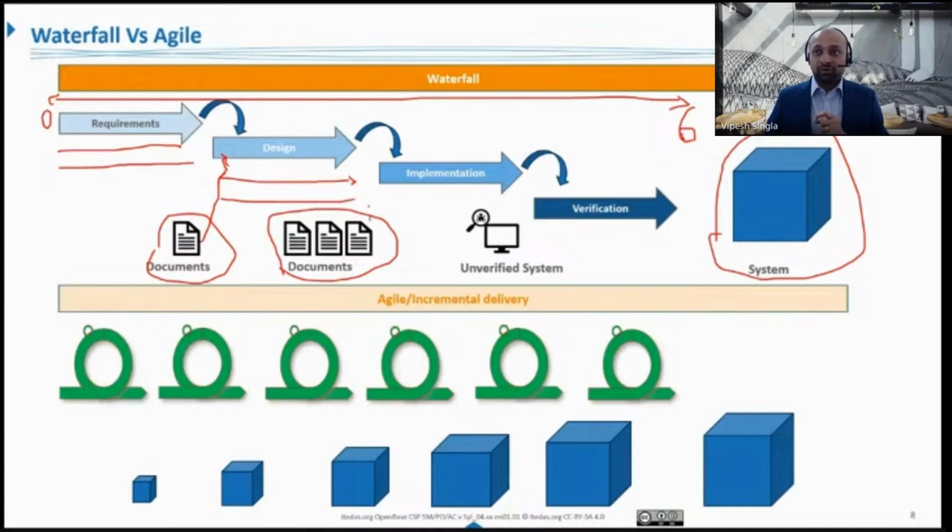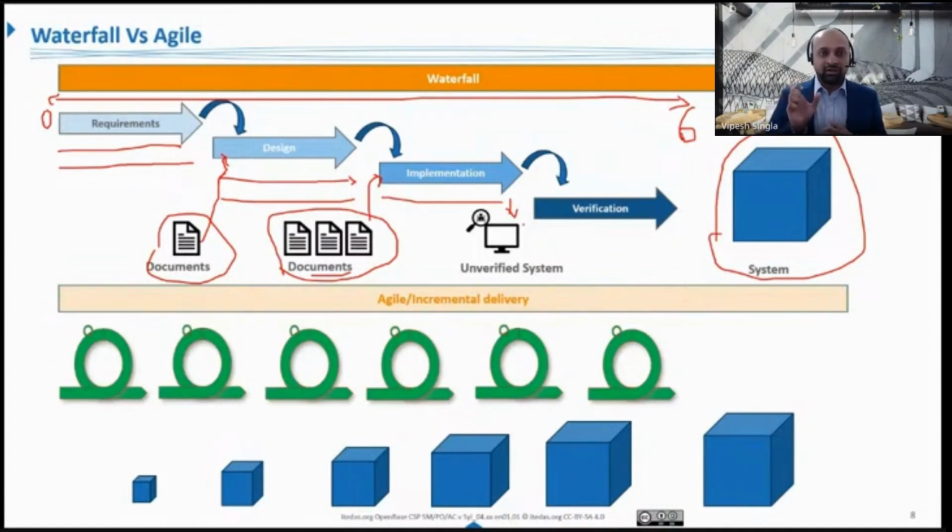These design documents then become input to the next phase, which is the implementation phase. In common software development terminology, you can call this the coding phase as well, where the developers refer to the design documents and code the actual system. What we get by the end of this implementation phase is an unverified system. An unverified system is a system which is already coded, but has never been tested or verified.